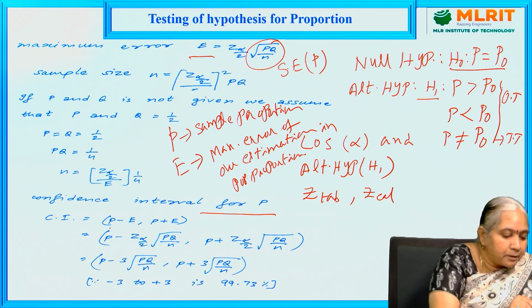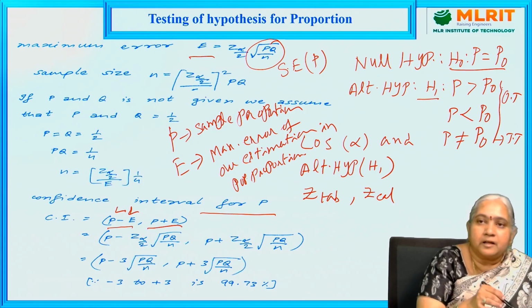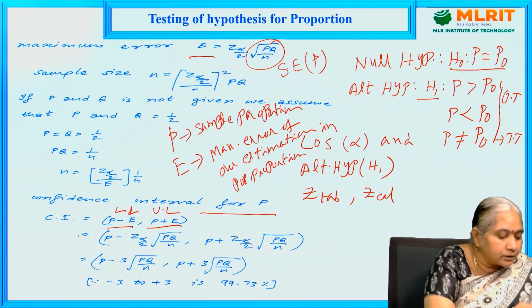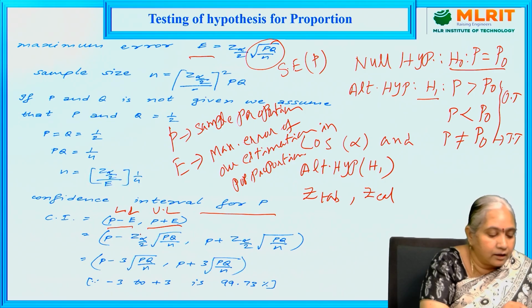So small p minus E is the lower limit and small p plus E is the upper limit. So the population proportion belongs in this interval, small p minus E and small p plus E.